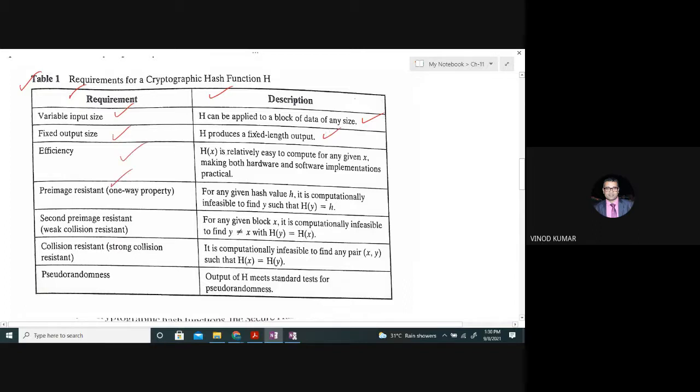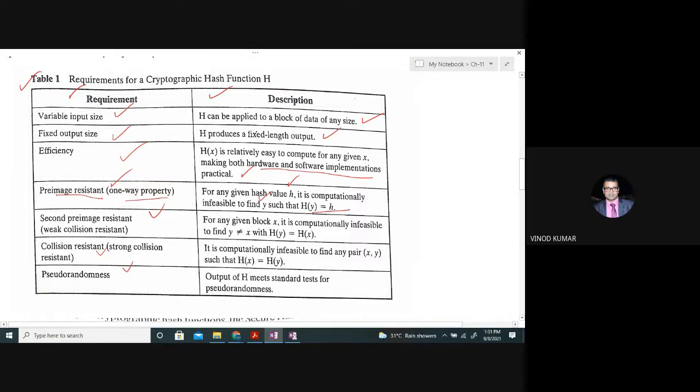Efficiency means Hx is relatively easy to compute for a given value x, making both hardware and software implementation practical. And pre-image resistance means the one-way property: for a given hash value h, it is computationally infeasible to find y such that H(y) = h. Okay. The second approach, weak collision resistance, we already discussed, and collision resistance means strong collision resistance. And the last one is pseudo randomness.